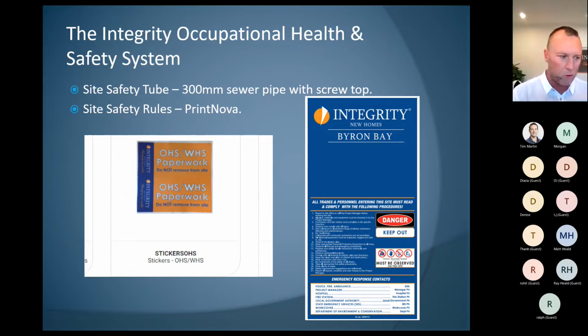It's too small on screen to see what the site safety rules are on this example, but Print Nova, who have a lot of our print resources on file, certainly have templates of these available. So I'd encourage you, if you haven't done this yet, get some site safety tubes, get some site signs that deal with occupational health and safety requirements, particularly the site safety rules.